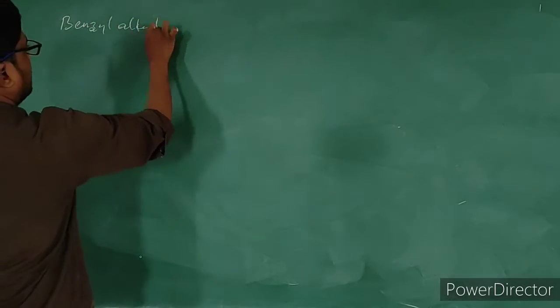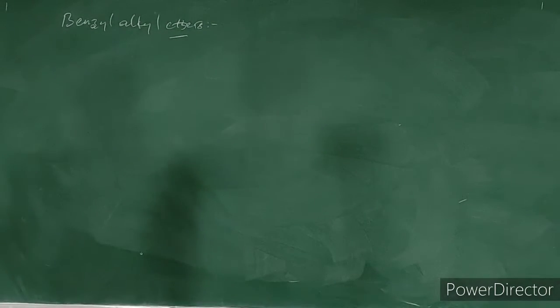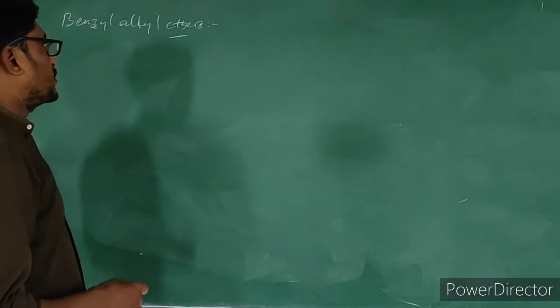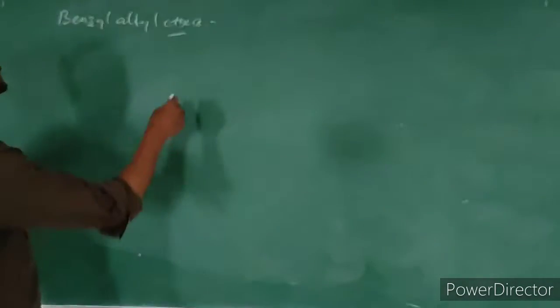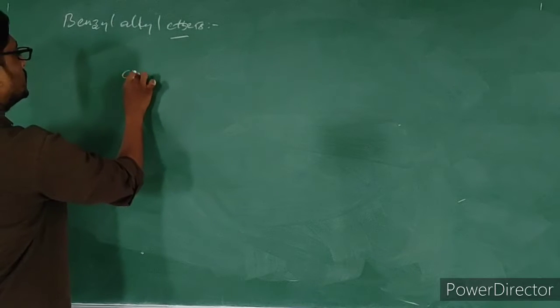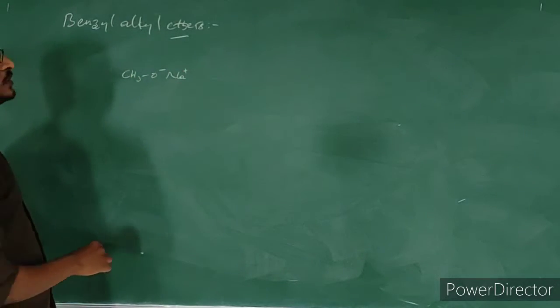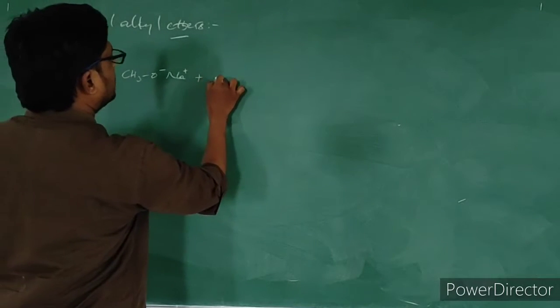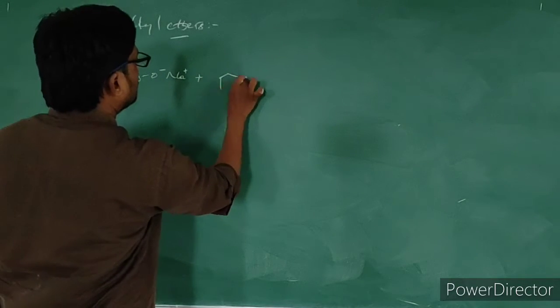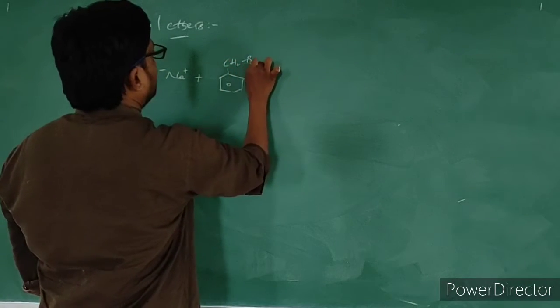Benzyl alkyl ethers can also be produced by this method. Let us see the reaction for the preparation of benzyl alkyl ether. So here let us consider sodium methoxide reacting with benzyl bromide.